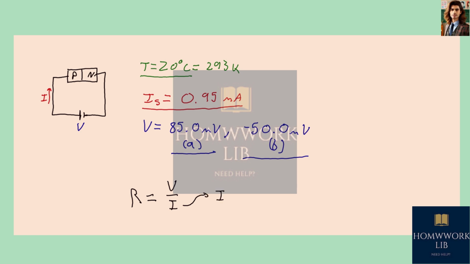So our current has a form like this, where I is equal to the saturation current I_S multiplied by e to the elementary electric charge times voltage, all over Boltzmann's constant and the temperature. Then we subtract 1, and this is the form for the current at a given voltage and temperature.